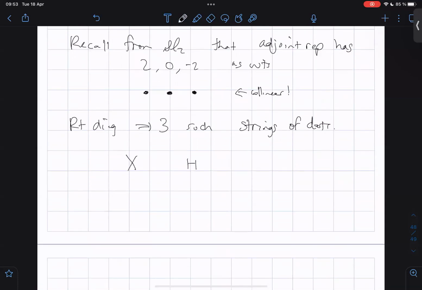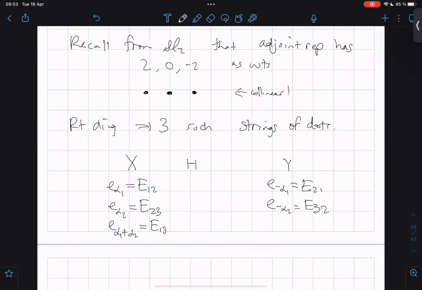Let me write these out. You have the one in E alpha 1, and a root vector that we've seen before, E alpha 2, and E alpha 1 plus alpha 2. You have the corresponding negative root spaces. And then when you pair them together, you get the corresponding H.